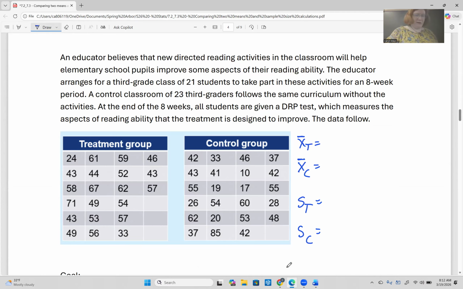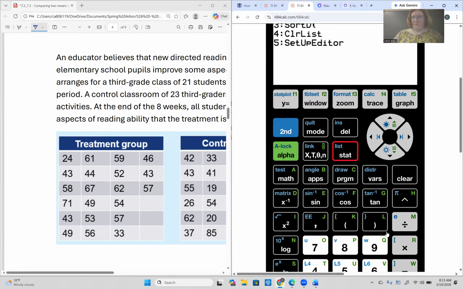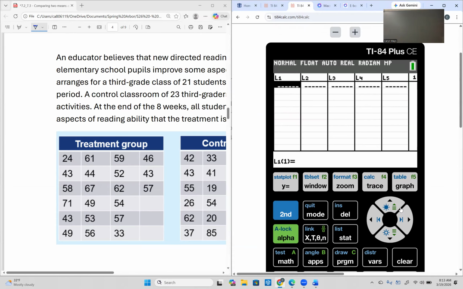So with a calculator, again, I'm going to try and just do the treatment. We can put all the data in, because for the mean, yes, we can add them all up and divide by 21. But to find the standard deviation, it's faster to type them into the table.